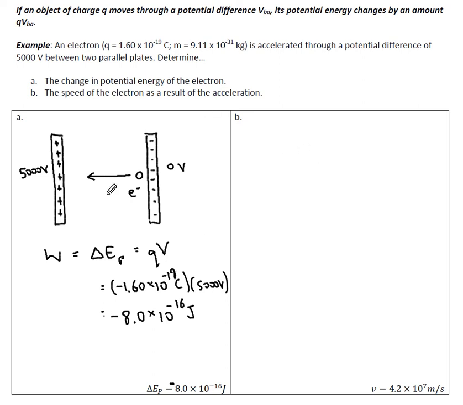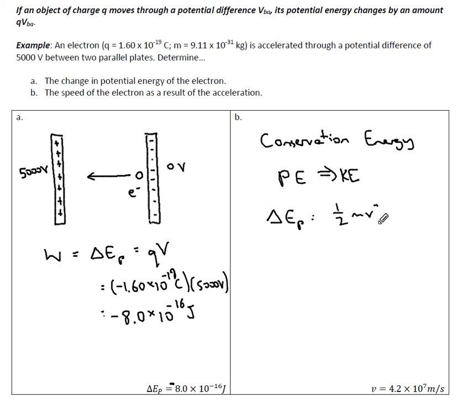If we want to look at the speed when it gets to the other end, it's something called conservation of energy. Hopefully you remember that from a previous topic. If we're assuming no frictional forces, all that potential energy at one side is going to be converted into kinetic energy on the other side when it gets to the other end. So the change in energy is equal to 1/2 mv squared.